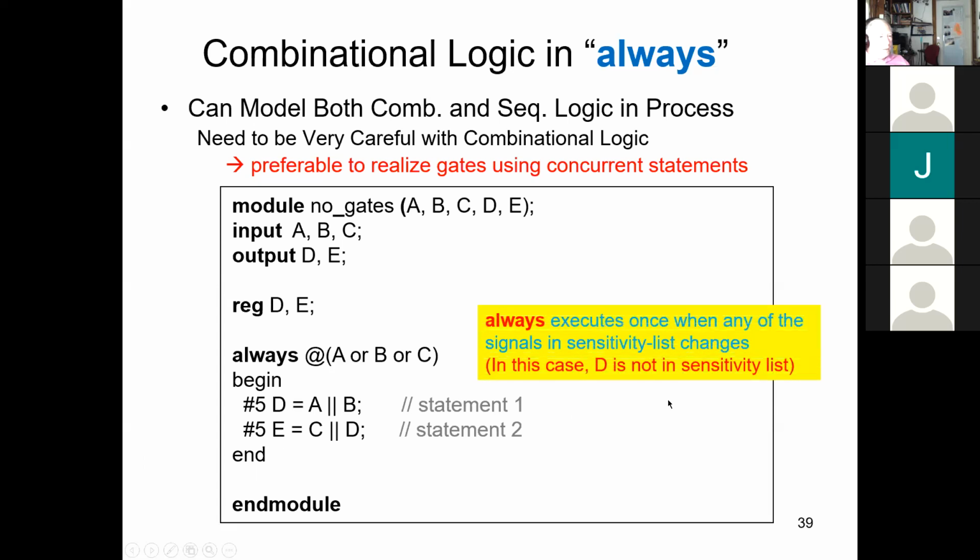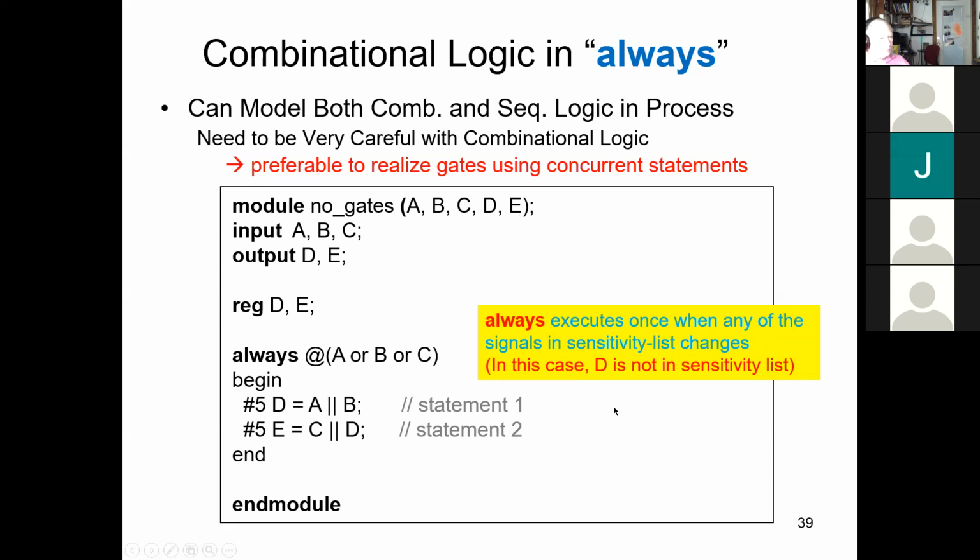Let's see. So this always executes once when any of the signals in the sensitivity list change. In this case, D is not in the sensitivity list, just A, B, and C. And that's how they set it up. And what that sort of means is they're not going to drive D from the outside. So D is more of an internal signal here, but it does show up in the port list.